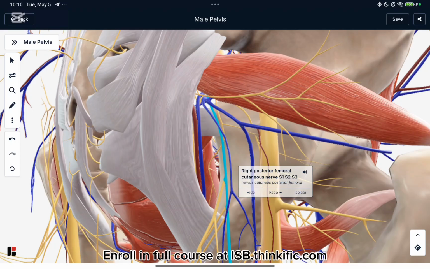They are all passing below with their accompanying veins. But again, I will go into detail of all the neurovascular structures.